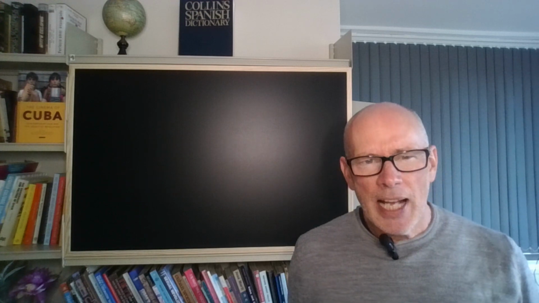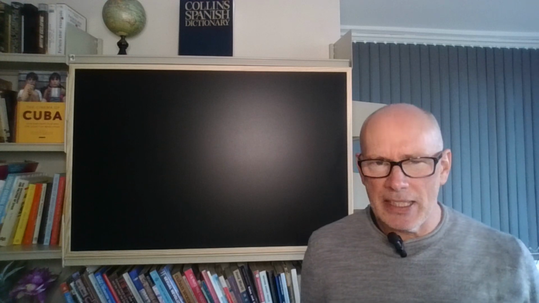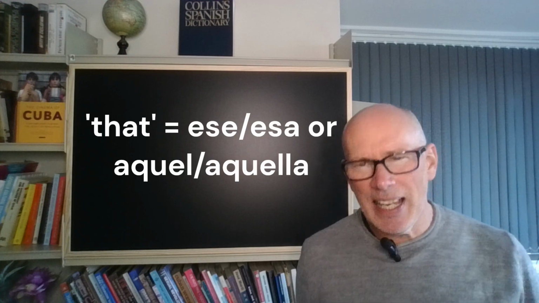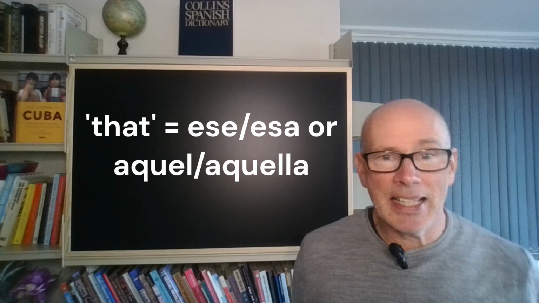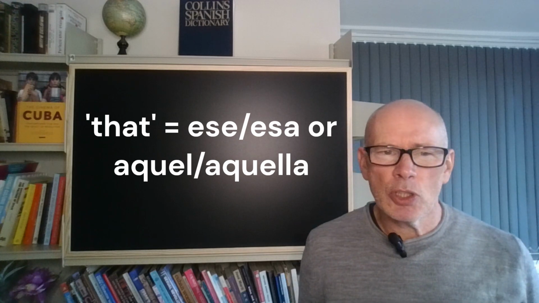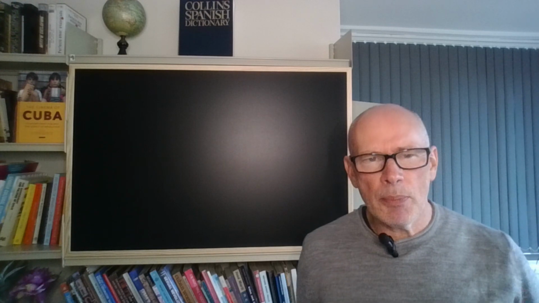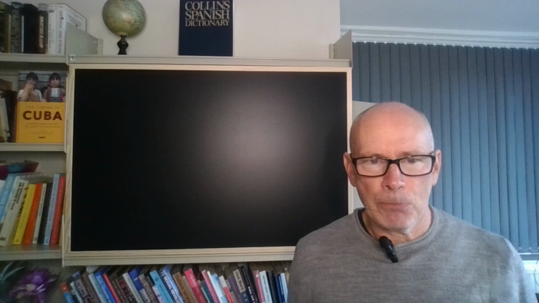And Spanish has two words for that, ese and aquel, or esa and aquella. This depends on the distance in time or space between the speaker and the thing being referred to, but we'll get to that in a minute.